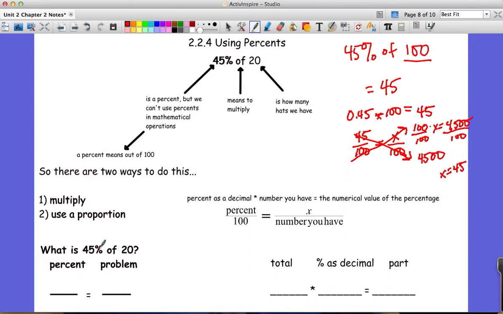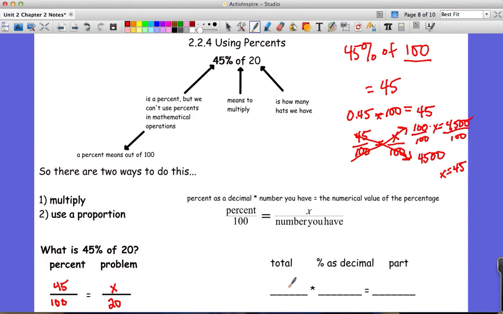So in this case, if we're doing 45% of 20, I can change to a proportion, so I know that 45% has to change to a fraction in order to use my proportion. And then on the bottom is always what I have total, so 20. And on the top is the number that I'm looking for.